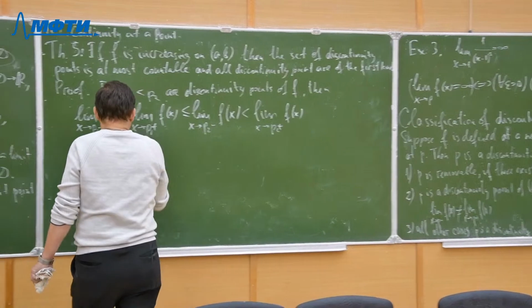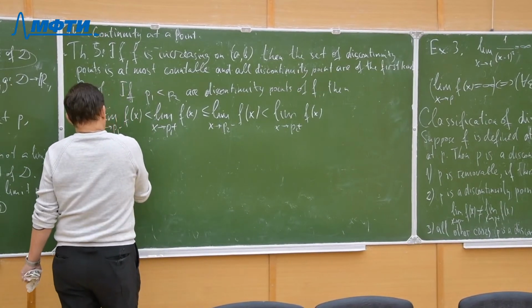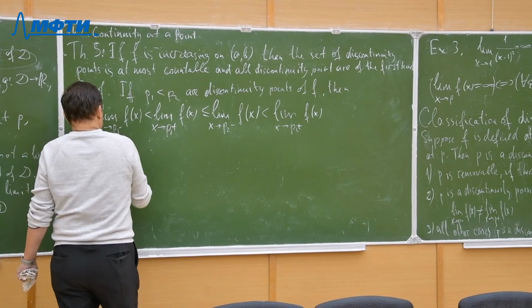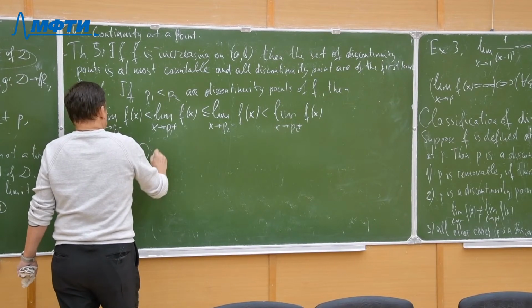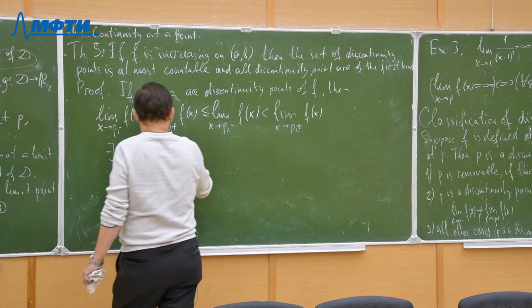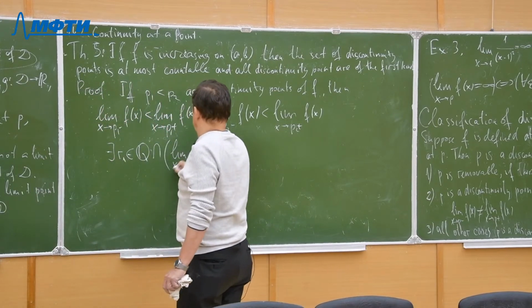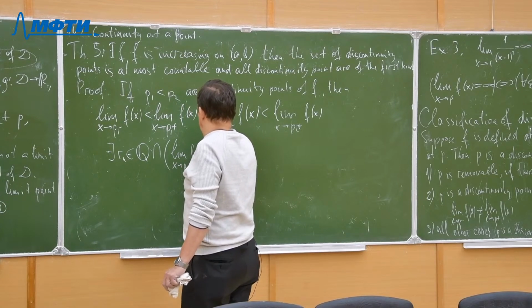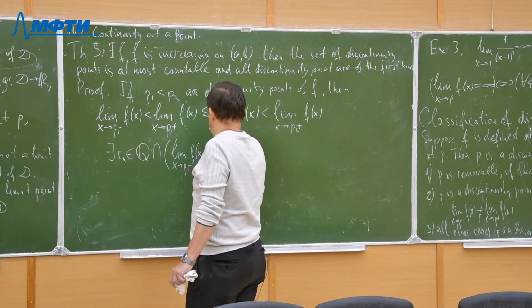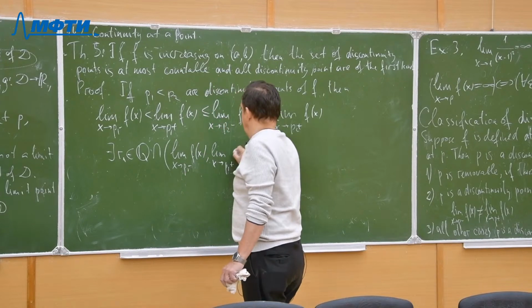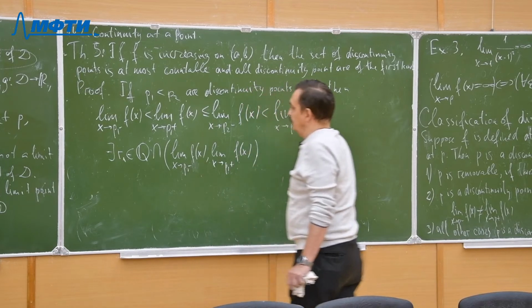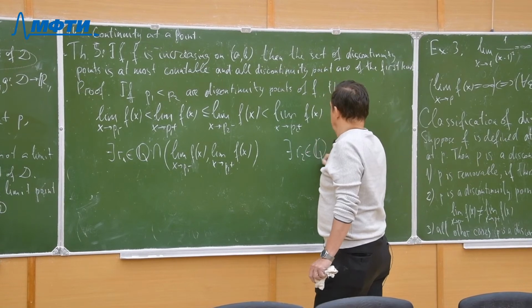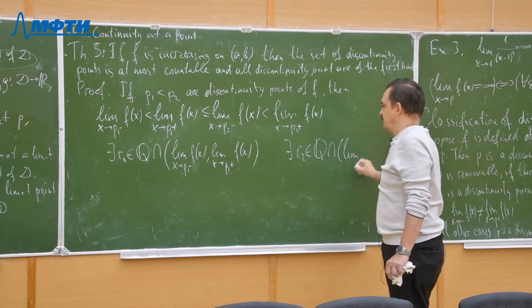So we can choose R1 in Q intersected with this interval, and R2 in Q intersected with the second interval.